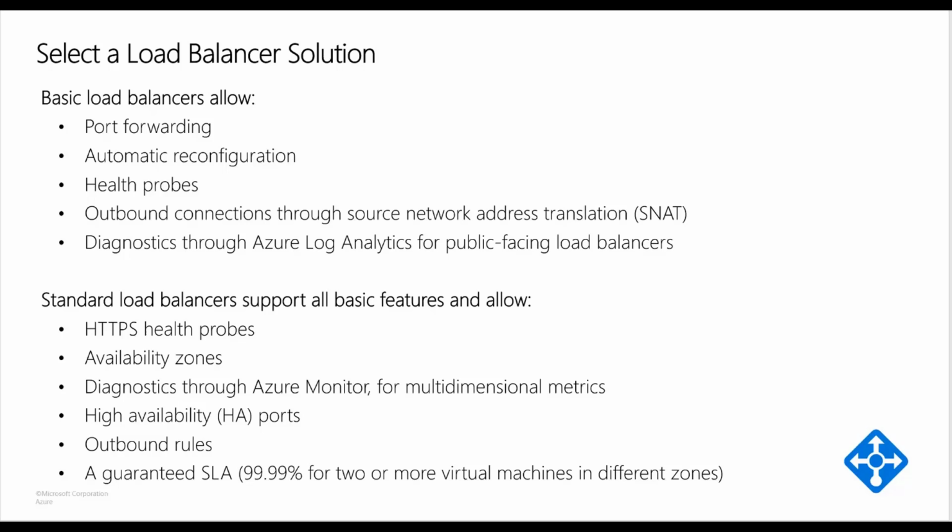Standard load balancers support all the features that basic supports. Additionally, they support HTTPS health probes, availability zones, which was not there in basic, diagnostics through Azure Monitor, high availability ports, outbound rules, and a guaranteed SLA of 99.99%. That's how you select whether you want to go with a basic tier or a standard tier.